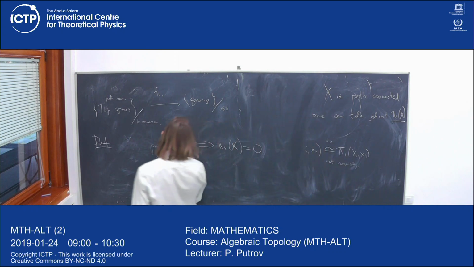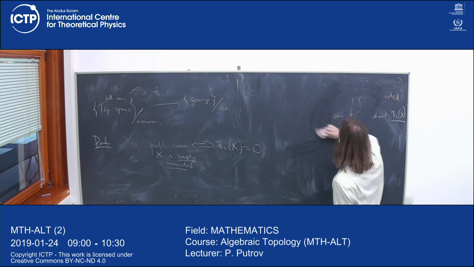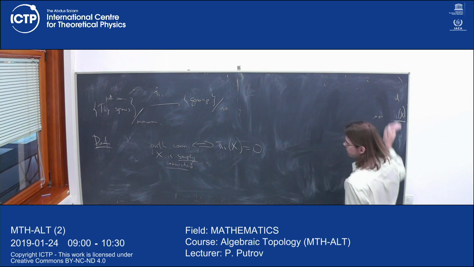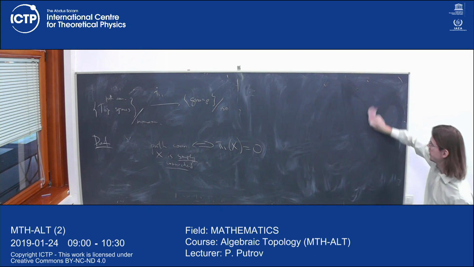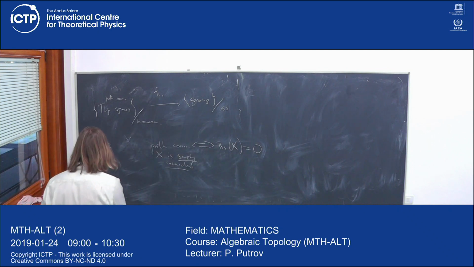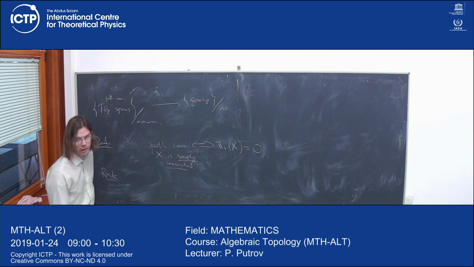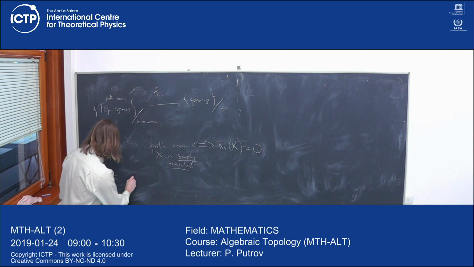This is the definition of X being simply connected. Why is this a natural phrase, simply connected? It is because of this: every class can be deformed to a point.